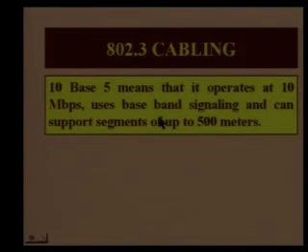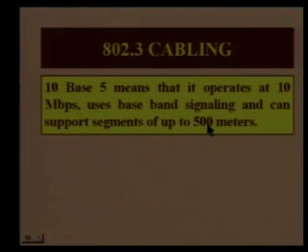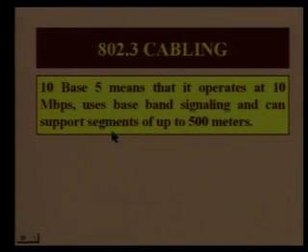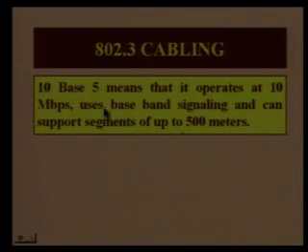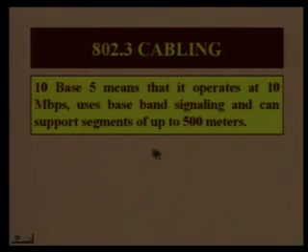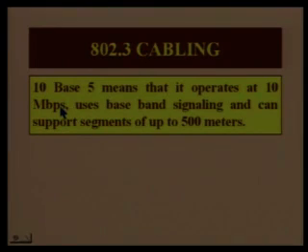It uses baseband signaling, digital signaling, and can support a segment of up to 500 meters. The 5 stands for 500 meters. So we have three types of information built in, and all cables will have this type of specification. As a local area network designer, each time you work with a local area network, you must be aware of these basic concepts: 10 Mbps, baseband signaling, digital signaling, and 500 meters as the length of the cable.